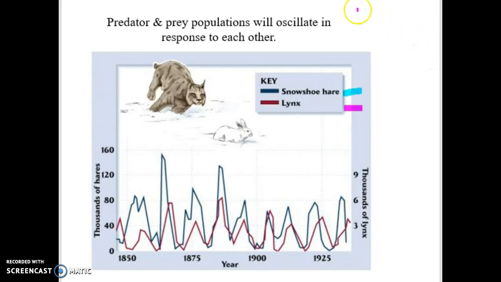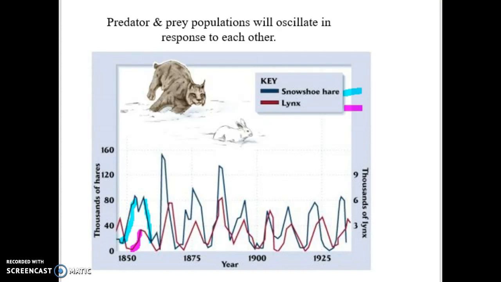So as the prey population goes up, there's more food available for the predator. Great, lynxes are excited. More food means we can have more babies and our babies will survive. Our population is going to go up. Now as the predator population goes up, this puts pressure on the prey and causes the prey population to start to decline. So now there's less available prey because you're killing them all.